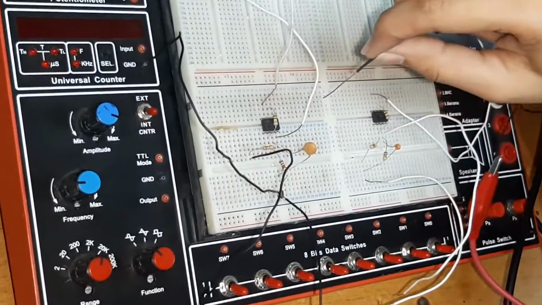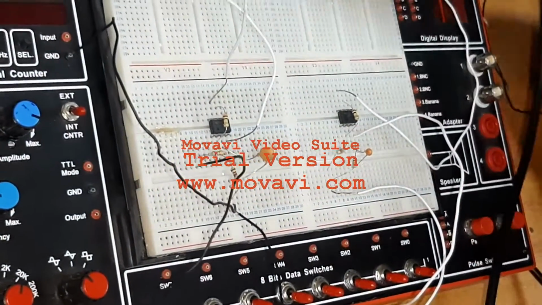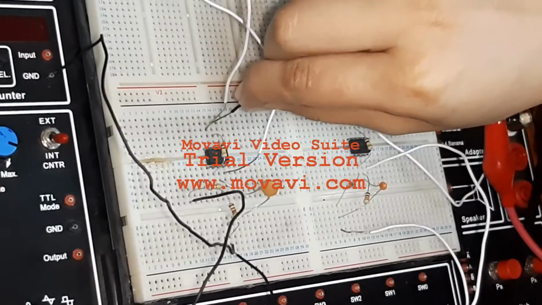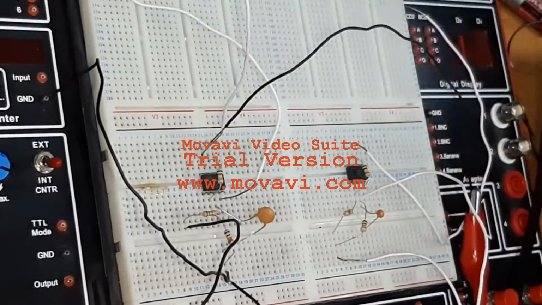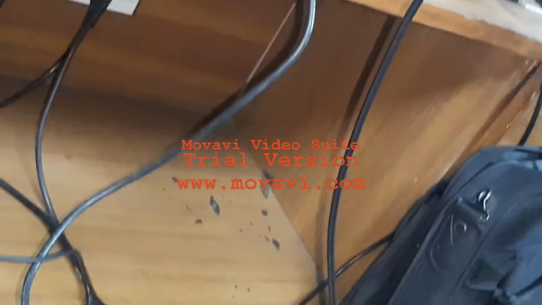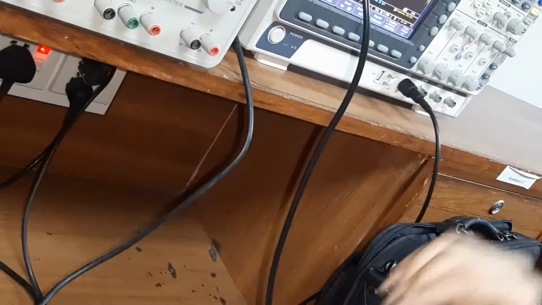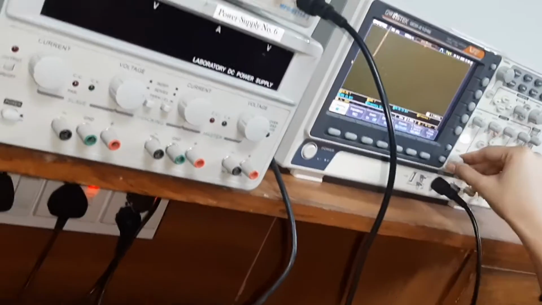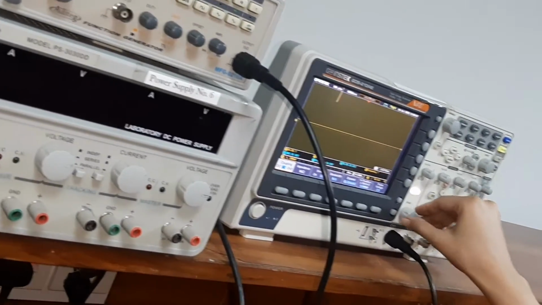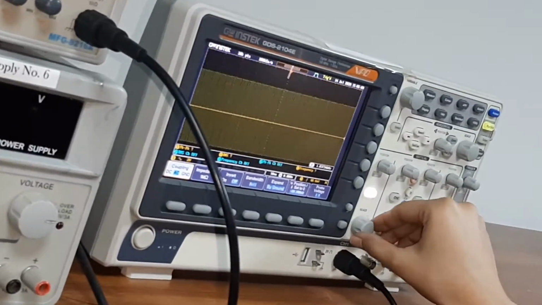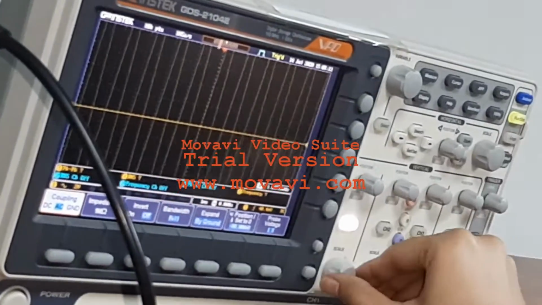To verify its output, I connected the output at pin number 6 of the op-amp. Could not get any kind of input. You can just adjust the knob of the oscilloscope to obtain the output.